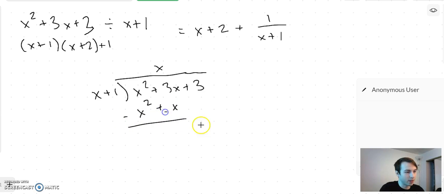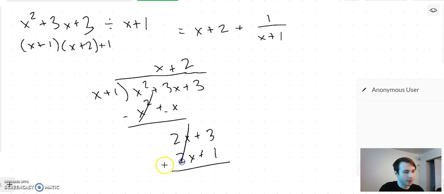Then you subtract, cancel, and we get 2x here plus 3, so plus 2 because 2 times x is 2x here. 2x plus 2, cancel and we subtract, and then we get 1 left over. So that's where the 1 comes from, plus 1 over x plus 1. In another video, we'll do some more complicated examples.